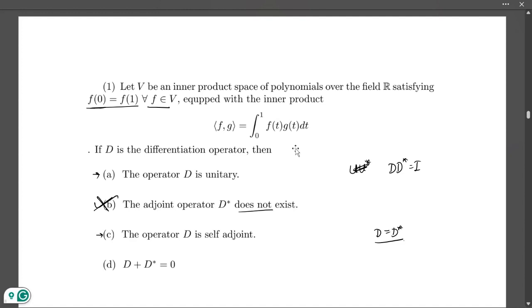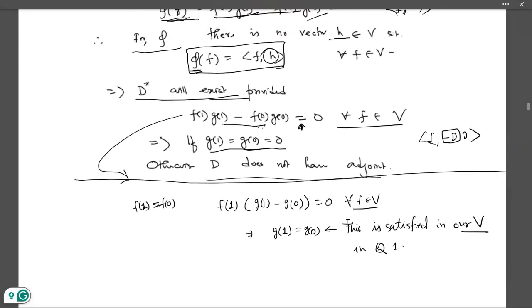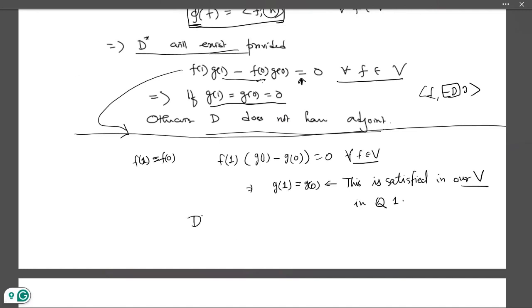Now if you remember this condition, first of all this is the explanation for D star exists.